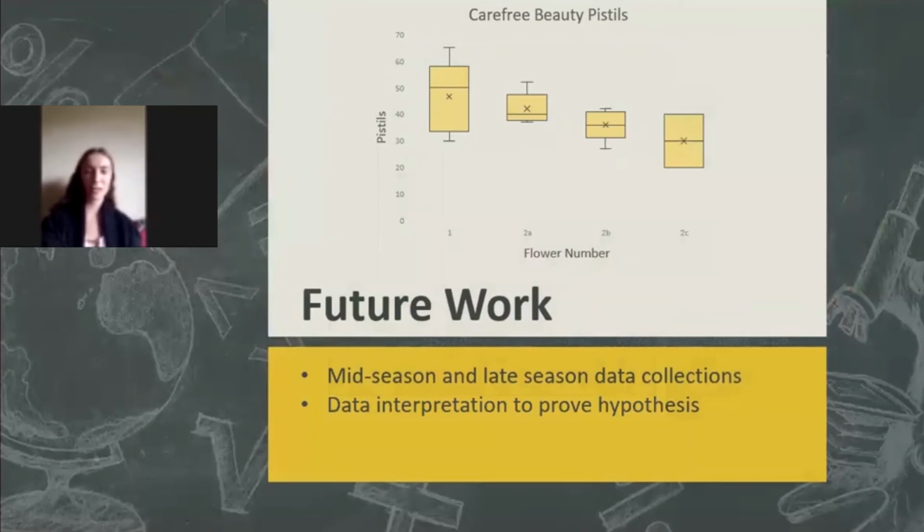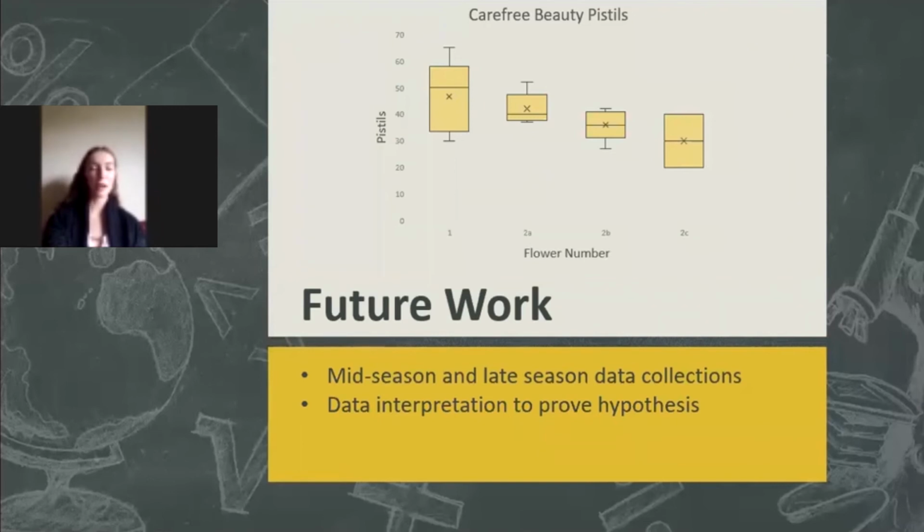So far, since I've only taken one third of my research collections, I can't really say anything on my hypothesis being correct or not as of yet. I will be collecting the mid-season and late-season data collections as the summer progresses. What I will be doing with those collections is interpreting the data and seeing if it will prove or disprove my hypothesis.